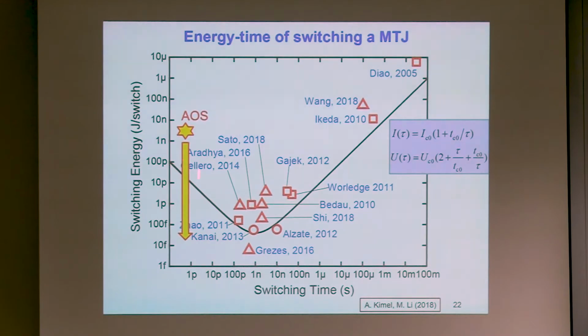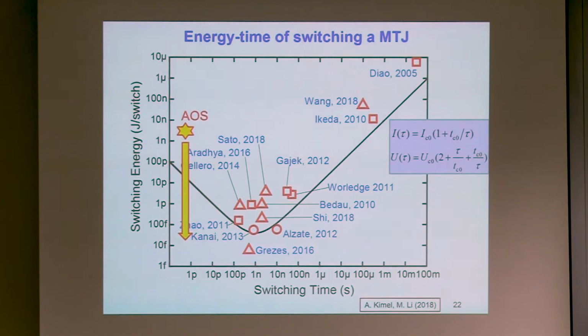However, it should be straightforward to reduce the device size by 100. So there's no reason to use 10 microns. You can easily make a 100 nanometer device at least, so that the energy consumption would be expected to drop by 4 orders of magnitude, right? You can actually argue to go even smaller. The reason this deviates from this curve is that this is a very different mechanism, right?